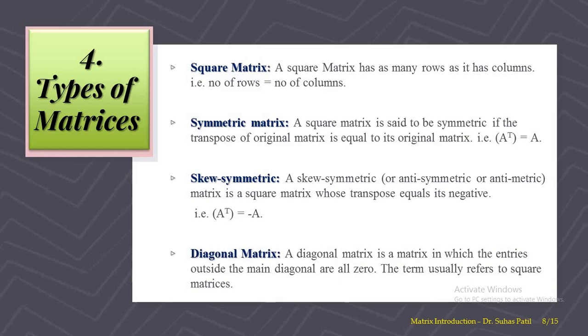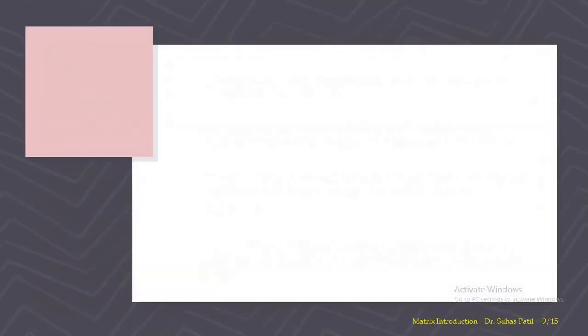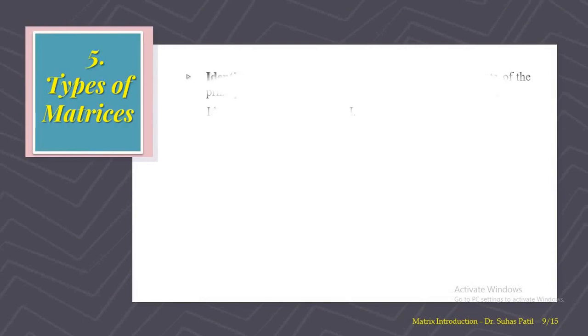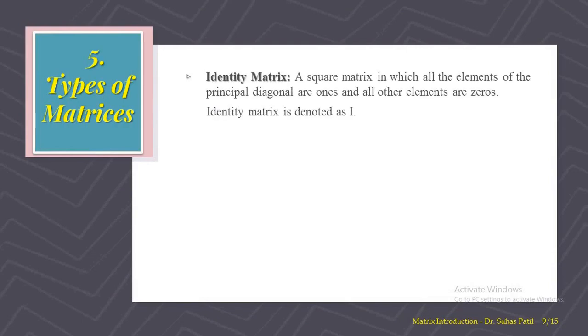Then the diagonal matrix. A diagonal matrix is a matrix in which the entries outside the main diagonal are all 0. The term usually refers to a square matrix. Then next, the identity matrix.